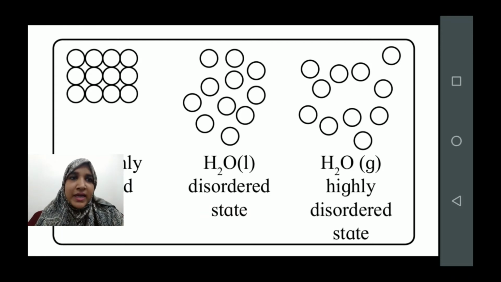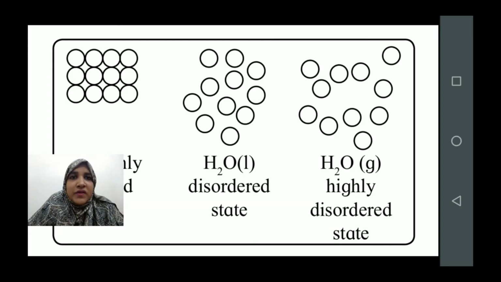They will have random motion and you will have a highly disordered state. So when you go from solid to liquid and from liquid to gas, you observe an increase in disorder, therefore an increase in entropy.